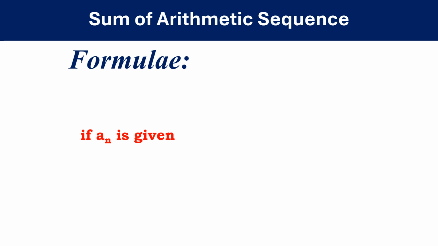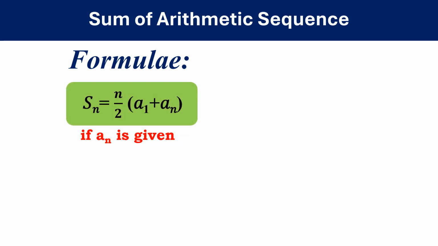The first formula is used when a sub n is given, meaning we know what the last term is, or the nth term is. Then the formula would be the sum is equal to n over 2 times the quantity a sub 1 plus a sub n, where a sub 1 is your first term and a sub n is the last term of the given sequence.